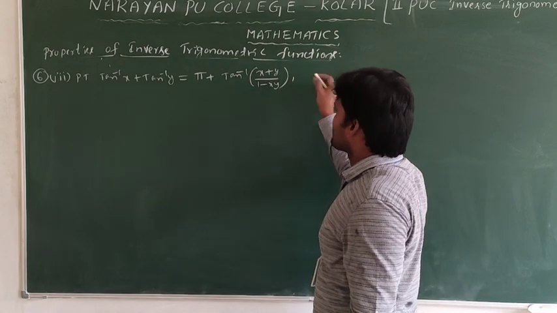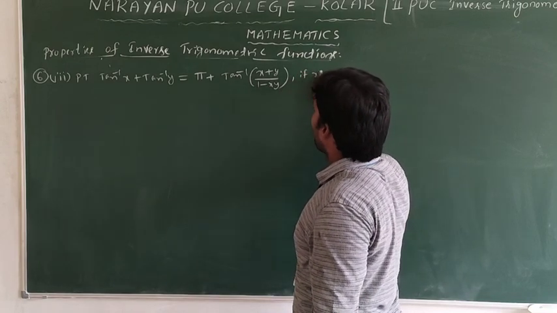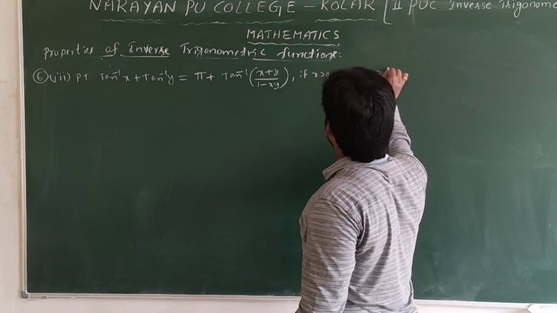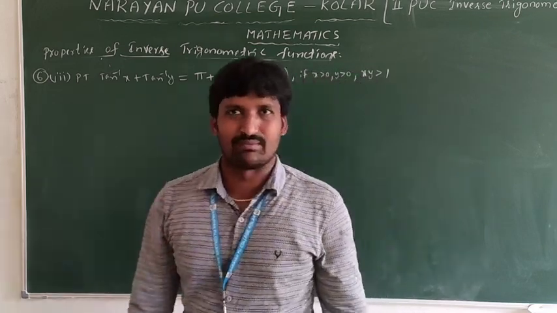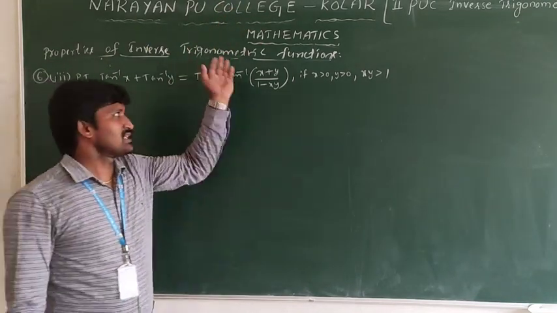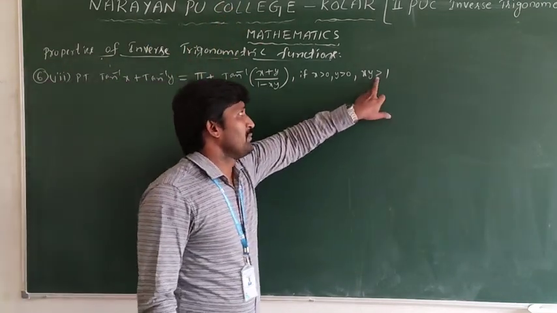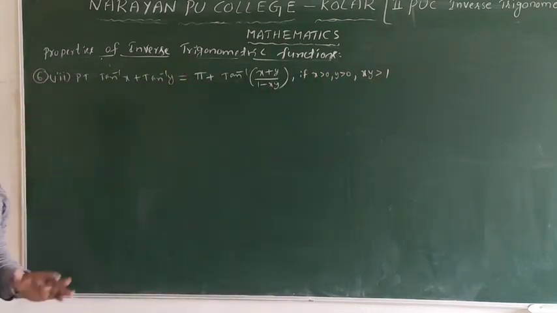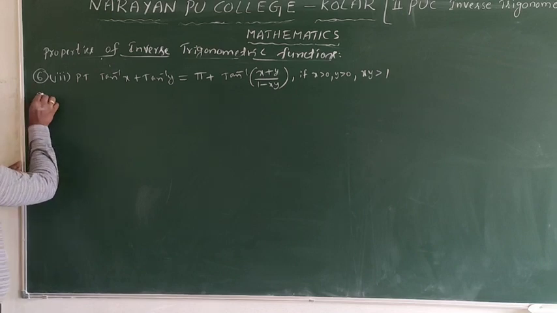Here the condition changes: x greater than 0, y greater than 0, and xy greater than 1. In the first one, xy is less than 1, and pi does not come. But here, because xy is greater than 1, the nature changes, and we get pi plus.